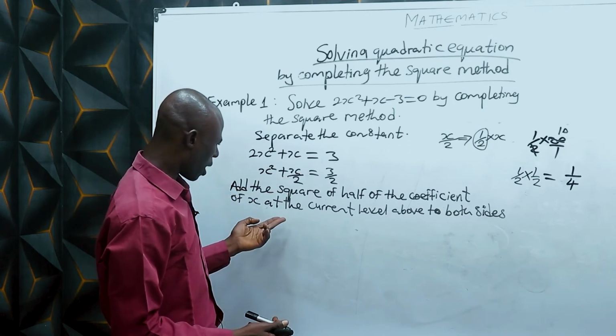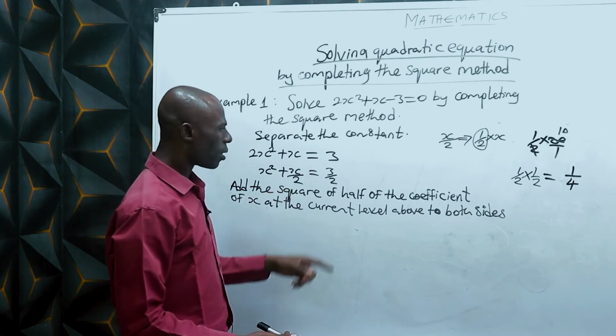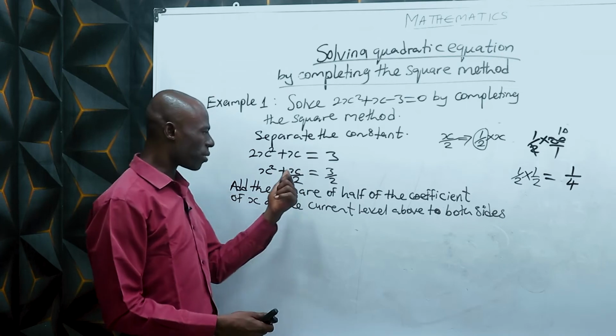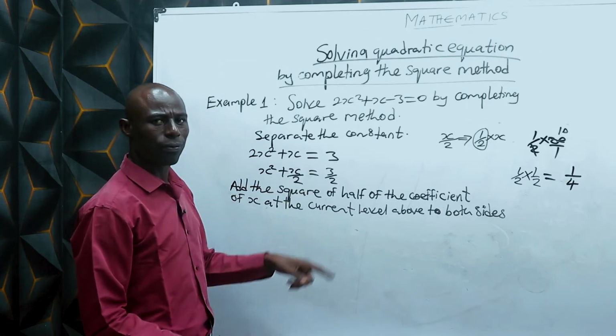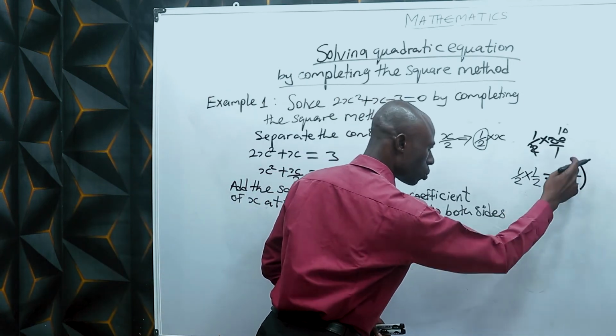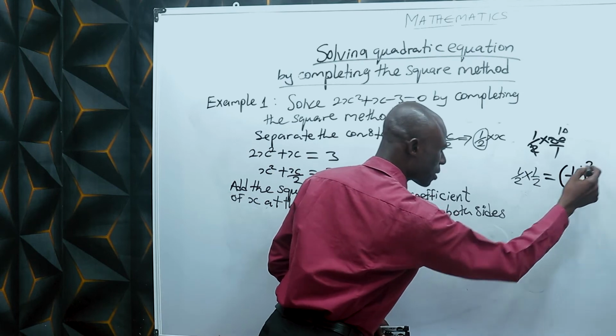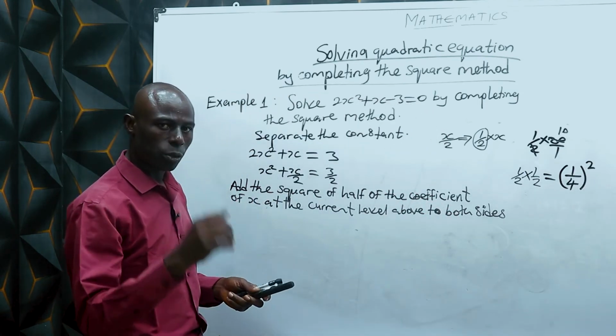What else are we particular about there? Squaring that half. 1 over 4 is half of the coefficient of x, and we are to square it. So you have 1 over 4 in bracket raised to power 2.